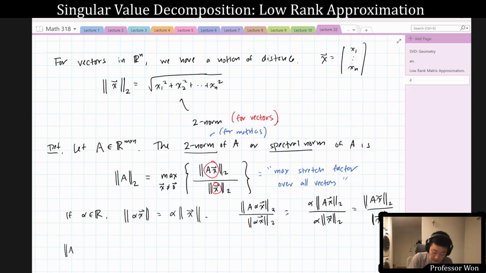So this thing is in fact equal to the max over all x that has norm 1, just the sphere, of this quantity. The denominator is just 1, so it's just the max of this over all vectors of length 1. So it's the max stretch factor over all unit vectors. That's what the 2 norm is.